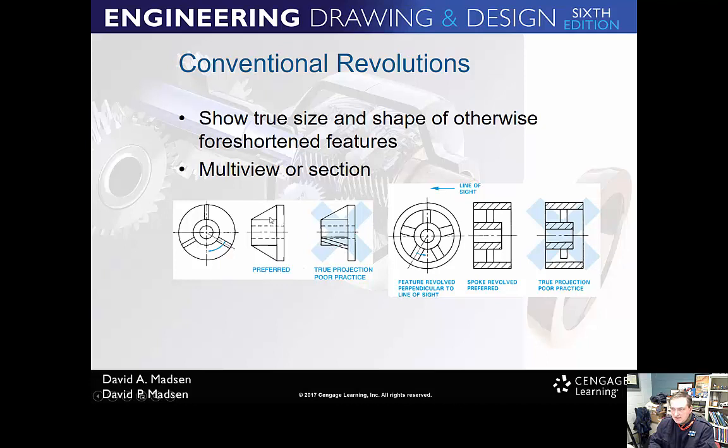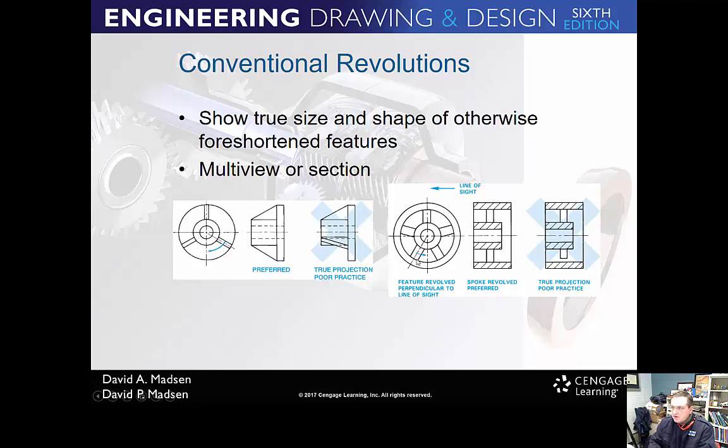I want to draw it like this because it doesn't look weird. And this is true shape and size. It's not foreshortened. This is foreshortened, which is not a good practice. Seeing things not the right shape and size is really not an appropriate way to show your parts when you're trying to throw dimensions on there and so on.